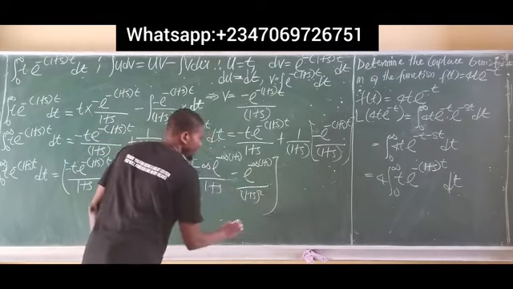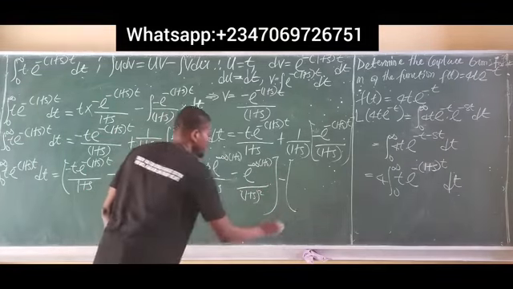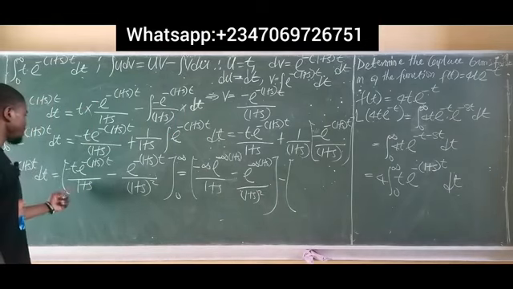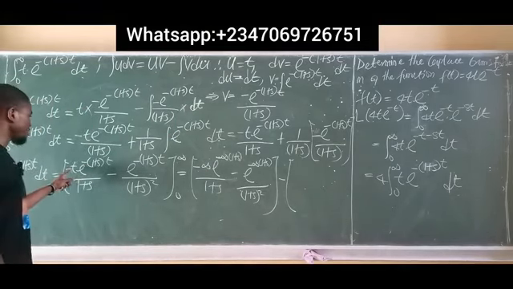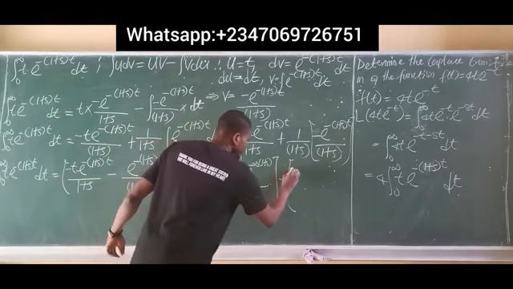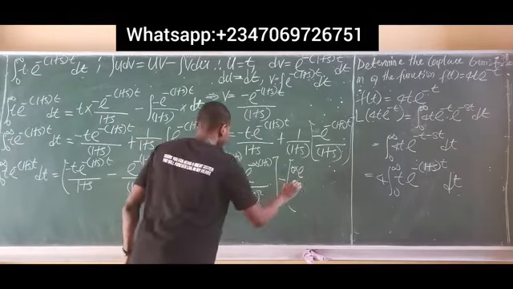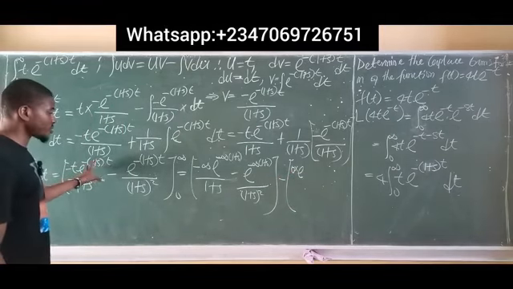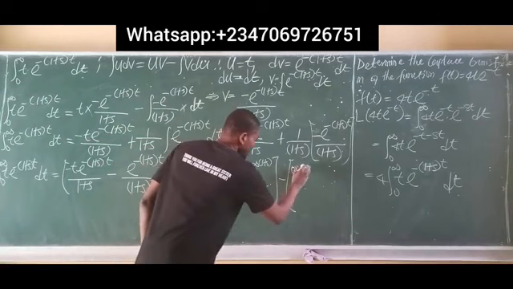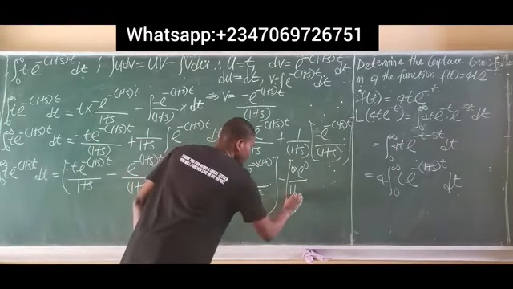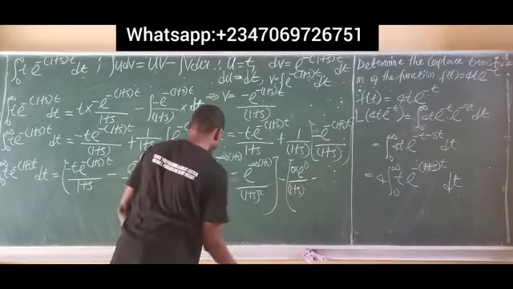So this is the upper limit minus the lower limit. The lower limit is 0, so wherever you see t, put in the value 0. I have t times the exponential, so t becomes 0, and this becomes 0 times the exponential. In (1+s) times t, t is 0, so everything becomes 0. This is e^0 all over (1+s).